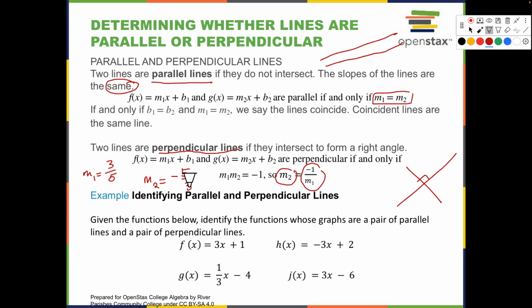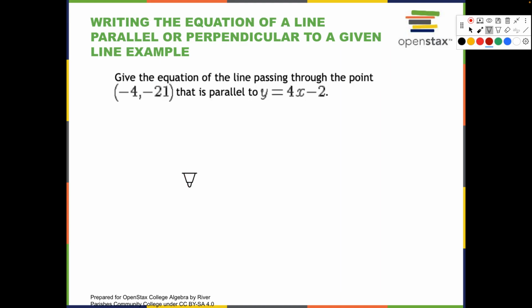So again, what we do is we use the first line they give us to get the slope, and then we use the point that they give us. This is where I took a few examples directly from the online test. So you'll see these. Give the equation of the line passing through the point -4, -21, that is parallel to this line y equals 4x minus 2.